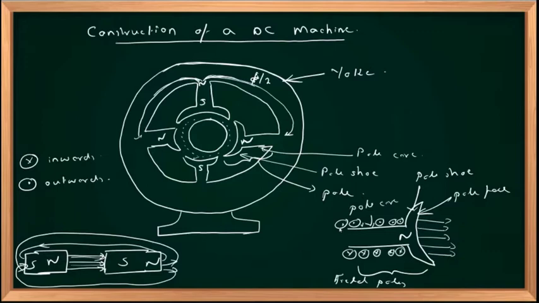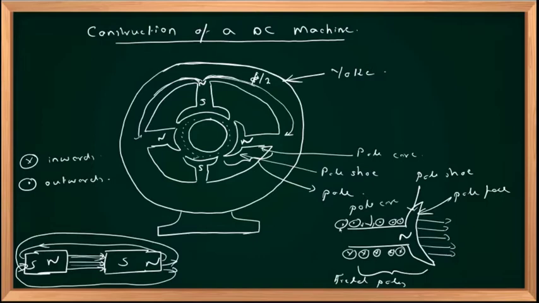Suppose the current is flowing in one direction, and after a few seconds you change the direction of this current. What will happen? This north pole will act as a south pole, right? Instead, if you use AC instead of DC, a 50 hertz AC signal means in 1 second the sign changes from positive to negative 50 times.